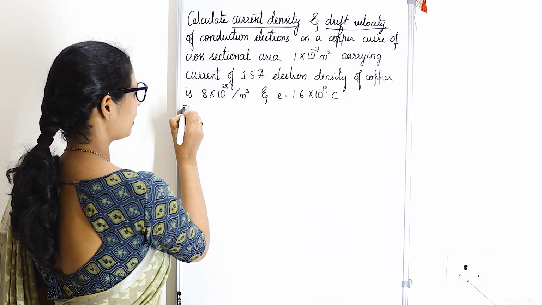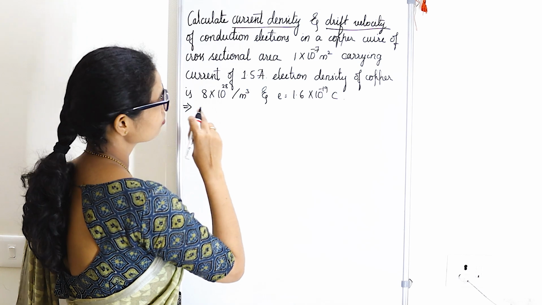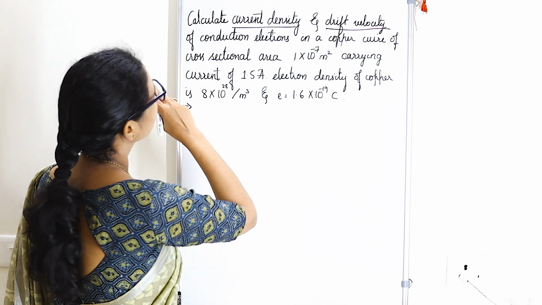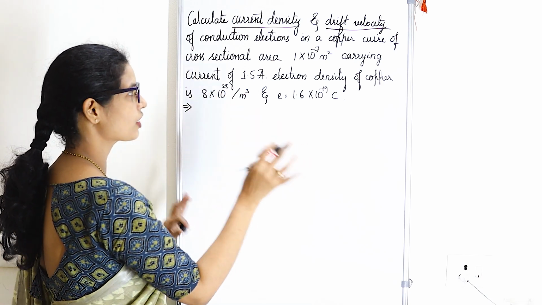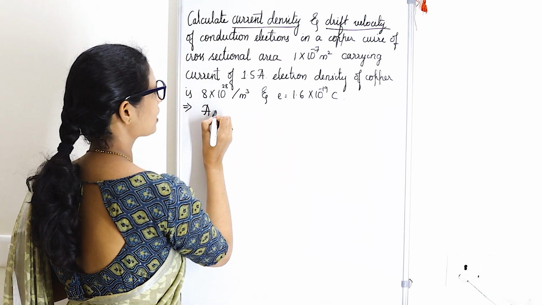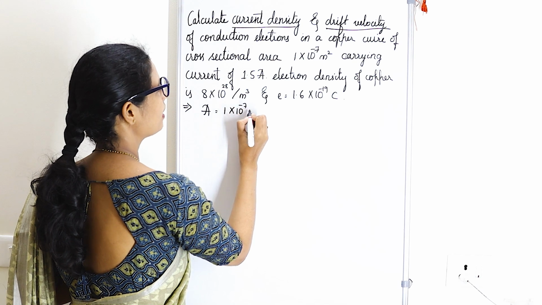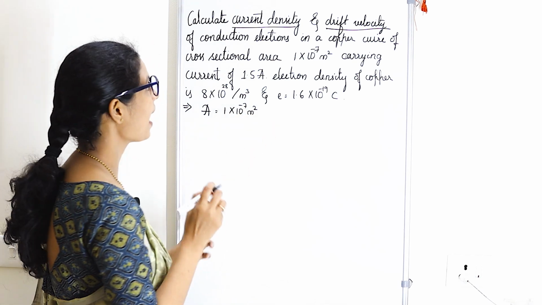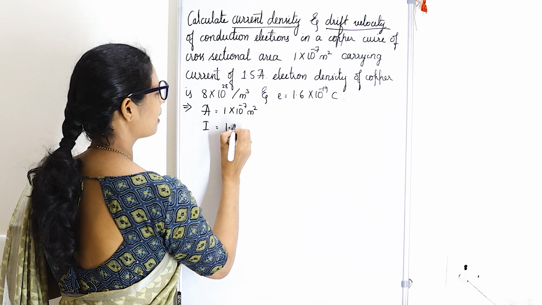What have they given us here? They have given the conduction electron in a copper wire of cross sectional area. So they have given the cross sectional area, that is 1 into 10 to the power of minus 7 meter square, carrying current of 1.5 amperes. So they have given the current as well.